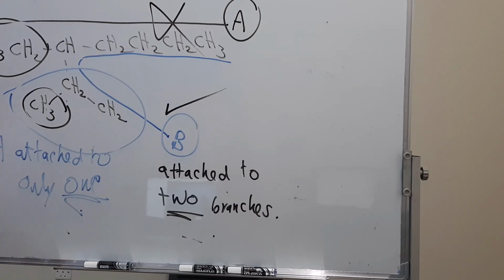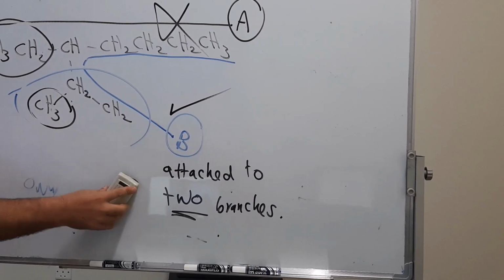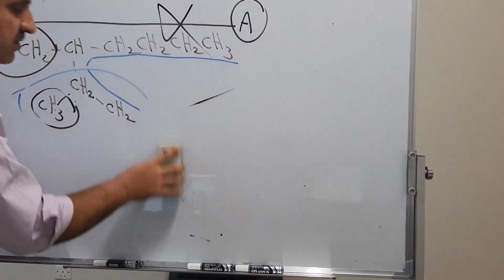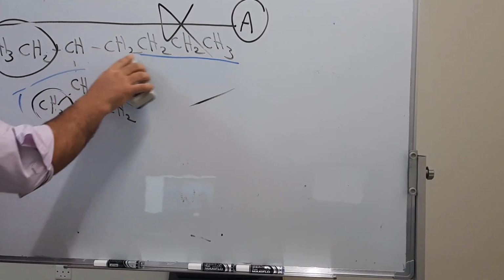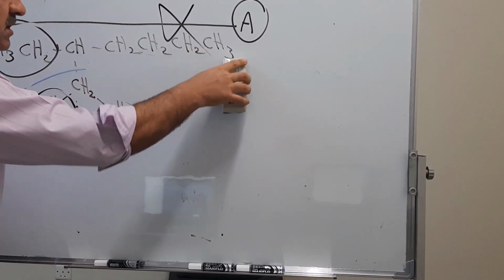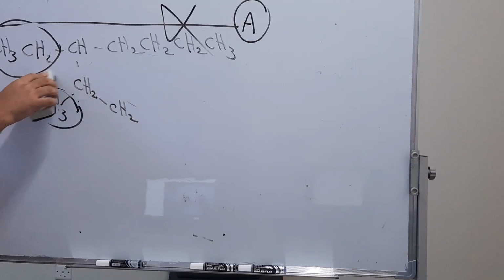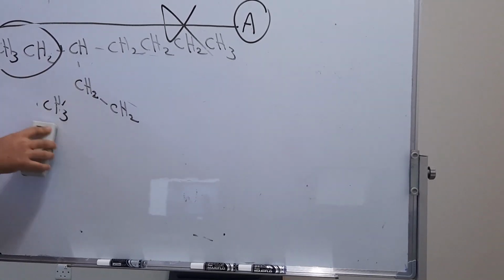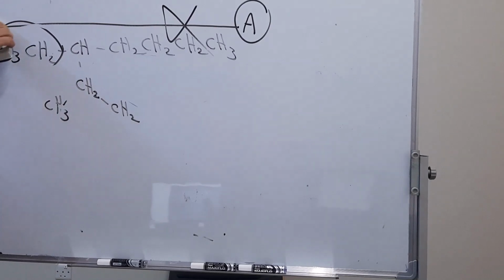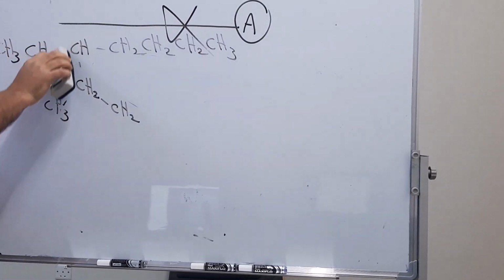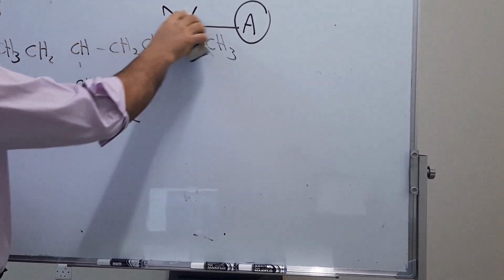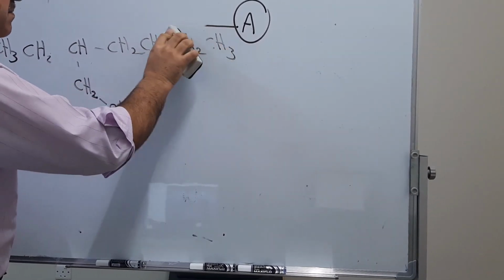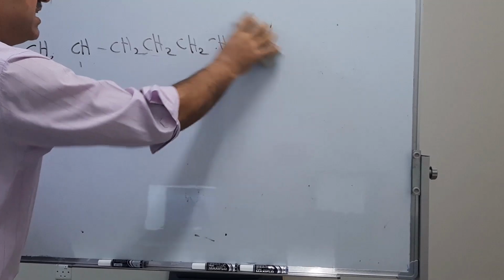Now, let's just continue in this example and then go forward to the rules here. So the next rule, after we found the longest continuous chain of carbon atoms, then what we need to do is number the chain in order to find out and to name the branches, because the longest chain is just the name of the parent, but we need to name everything in this compound.